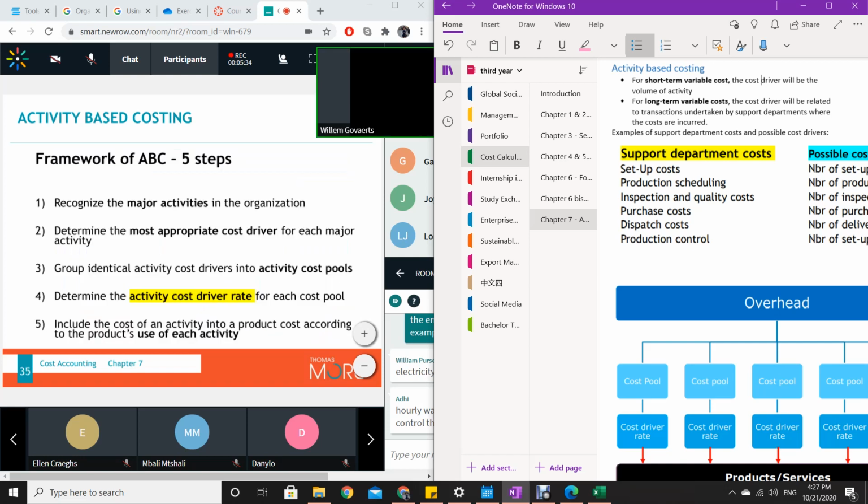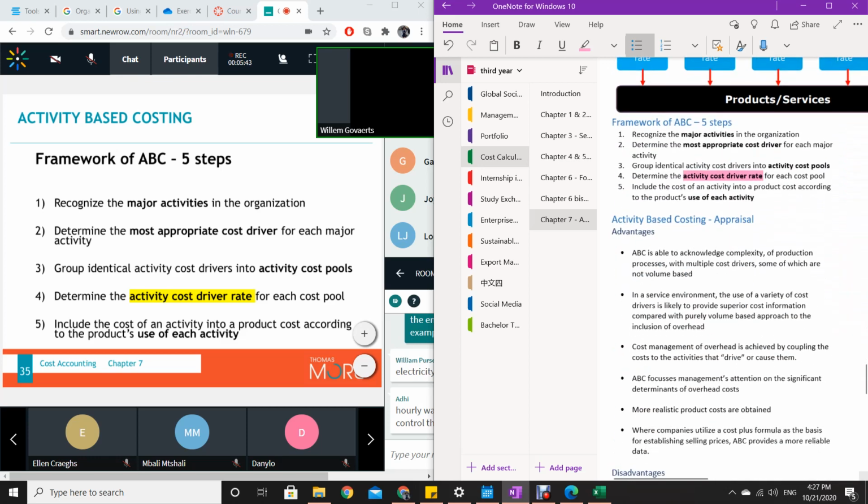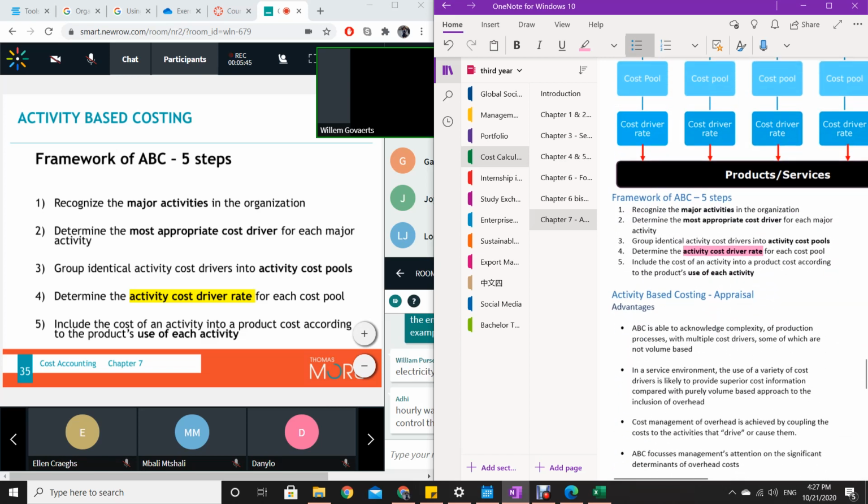We're going to make immediately an exercise. I think this is the easiest to understand. This is what we call the framework of the ABC. It has 5 very clear steps, and we're going to make the exercise step by step.